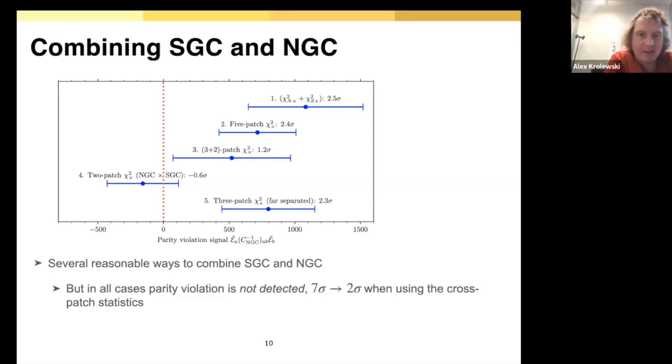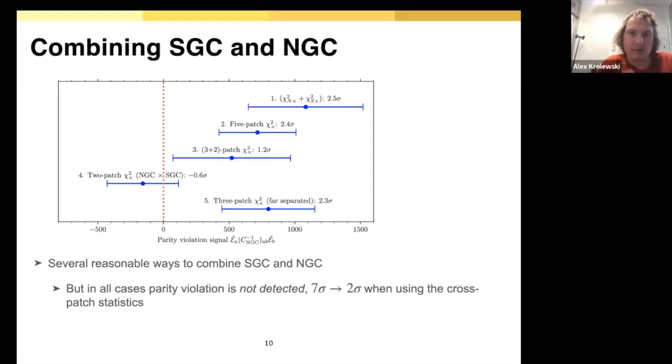However, there are a number of other things that you could do instead to combine the two hemispheres. So for instance, you could do a 5-patch chi-squared statistic where you consider cross pairs between SGC and NGC. And this reduces the parity violation signal, but it also considerably reduces the error bar because you have many more pairs to consider. In this plot, we show various different ways of doing this combination, all of which we think are relatively reasonable.